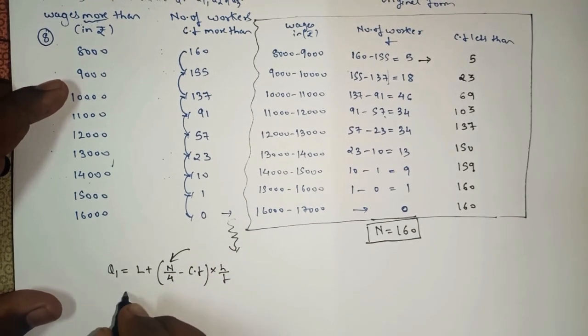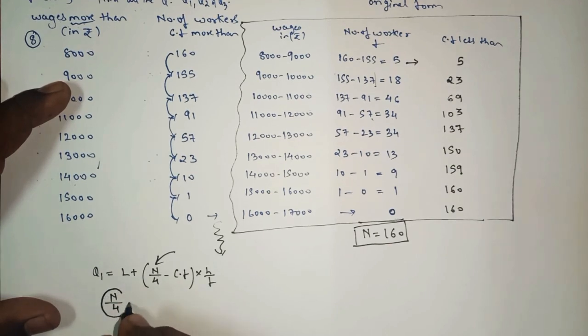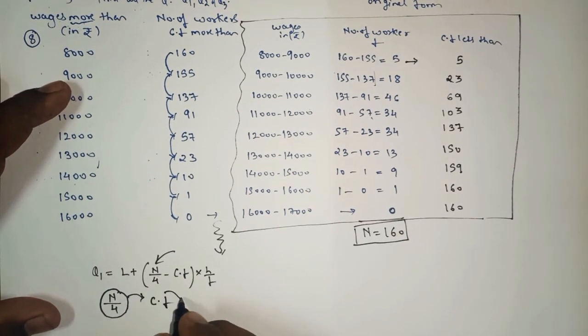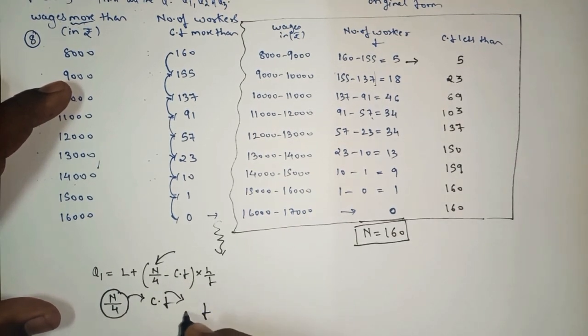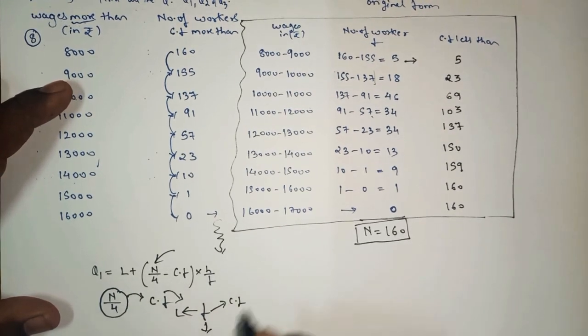First you will find n upon 4. With the help of n upon 4 you will see where the value of n upon 4 lies in the cumulative frequency. From there you will get all the values f, L, Cf and n.